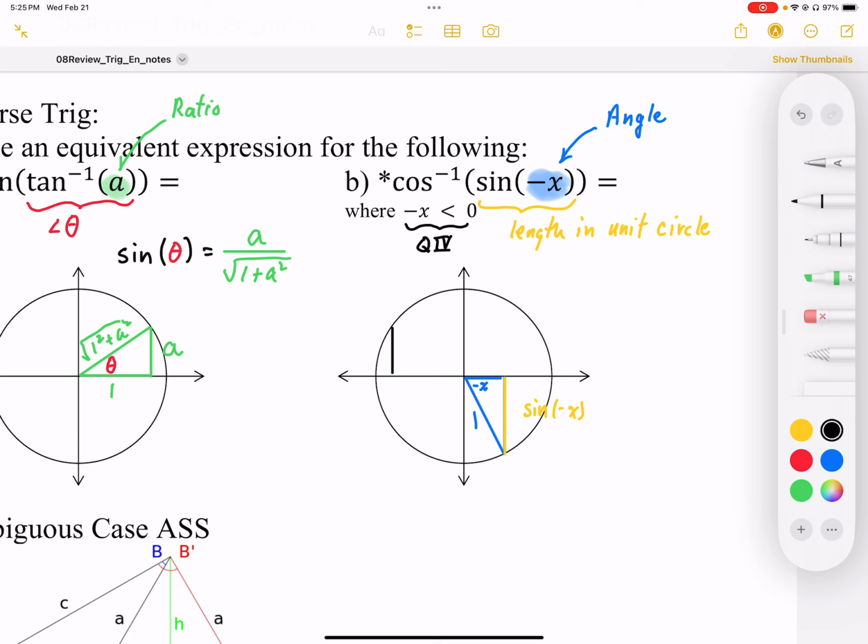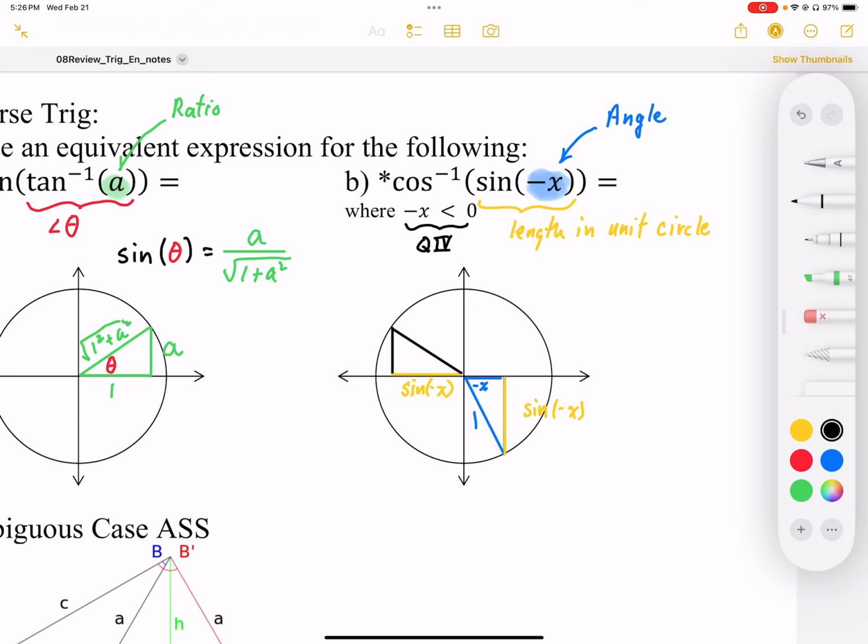And that same triangle, I'm going to try to draw the triangles fairly the same, is going to be represented like this, where that horizontal length that I've drawn is going to be the same as the length I've drawn for the negative x angle. And I'm just going to say that that length is the same as sine negative x.